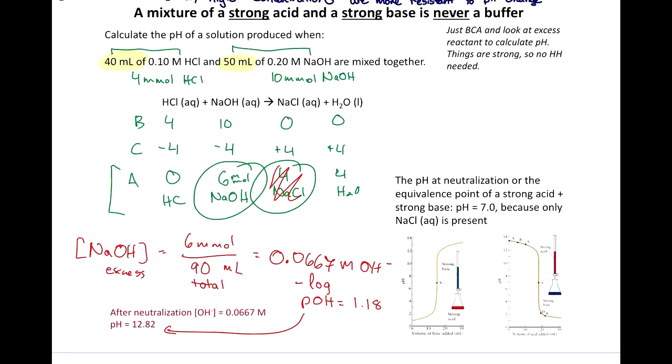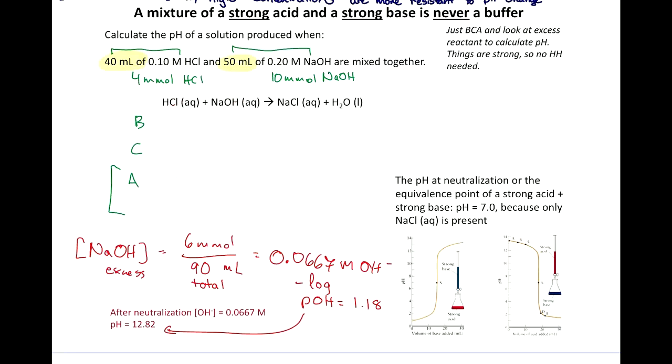All right, so this slide also highlights when we mix a strong acid and strong base right at the equivalence point. The equivalence point is when moles of acid equals moles of base. So let me just erase this real quick. All right, what if I had 10 millimoles of both of those?